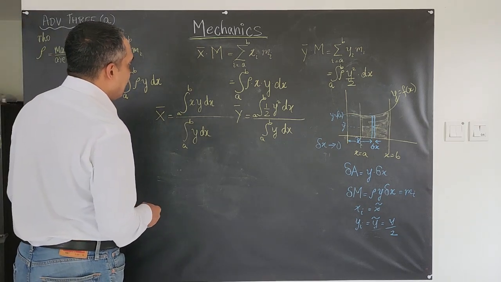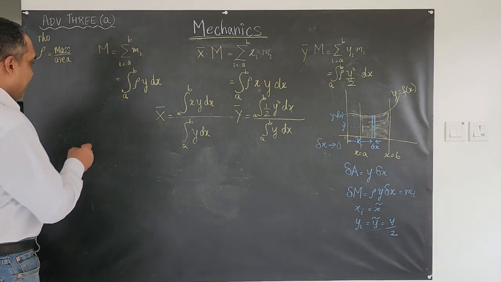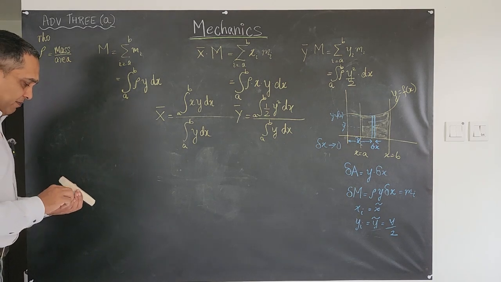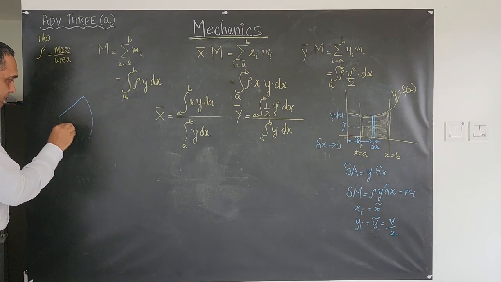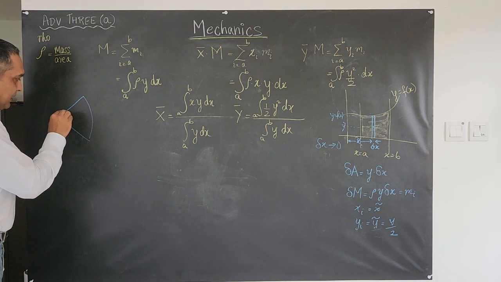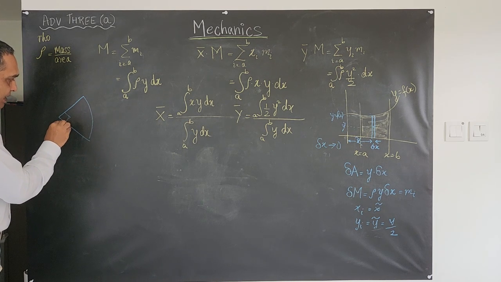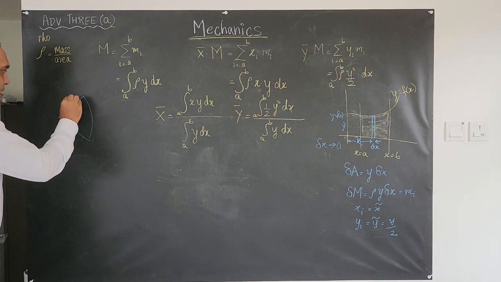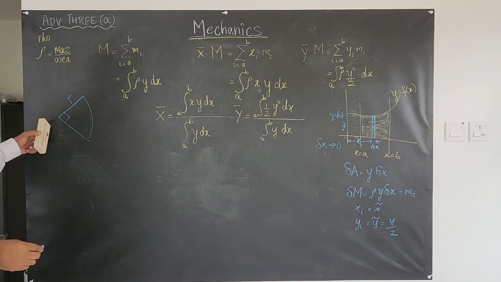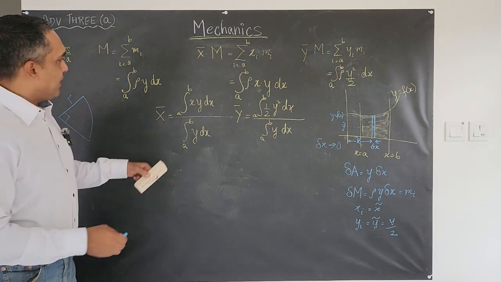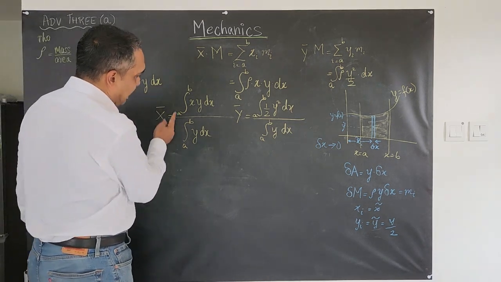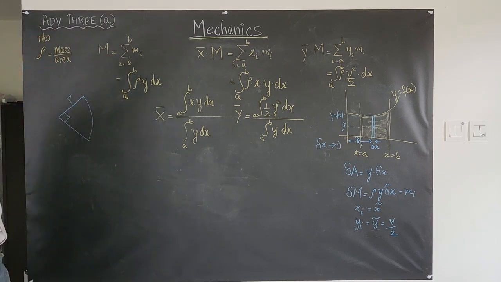For example, if I asked you for that pizza slice here, and I go back to my blue for my pizza slice, and supposing you knew that this right angle is 90 and this was r, it would be fairly easy for you to say what is the mass, because really what I did here is I only did the area because the unit mass cancelled out here.